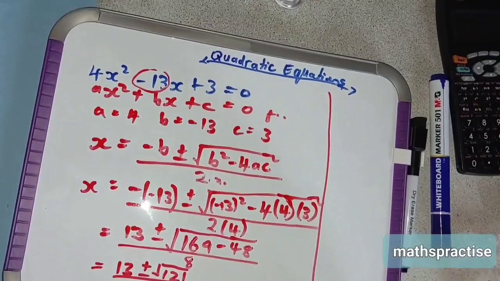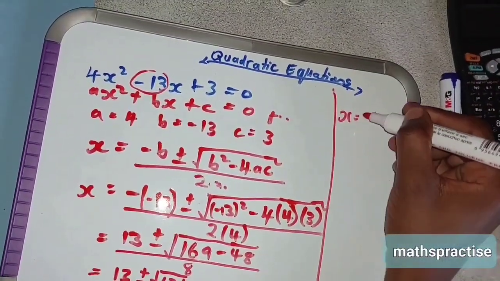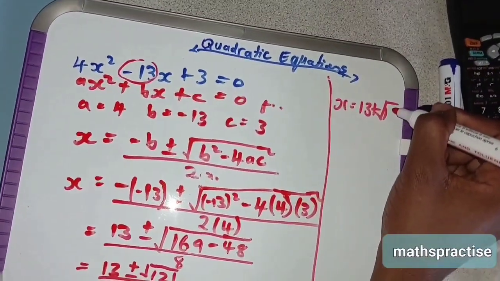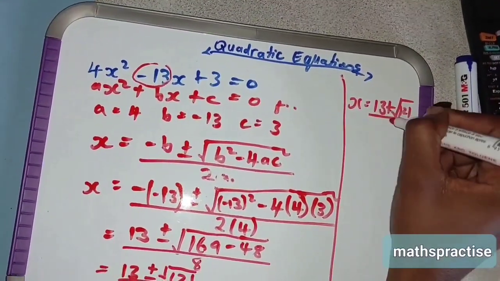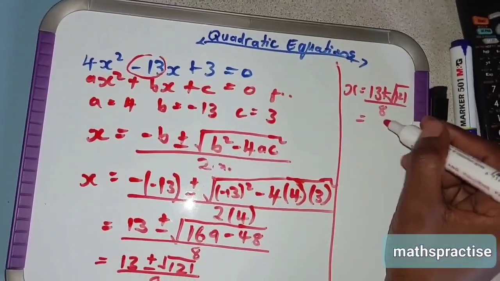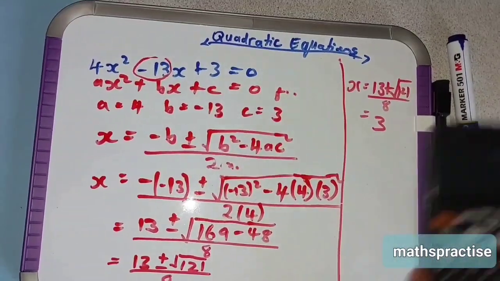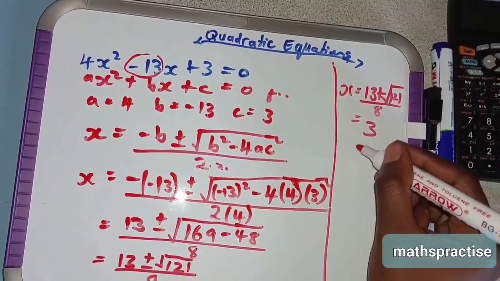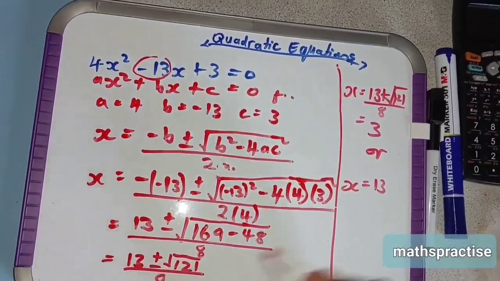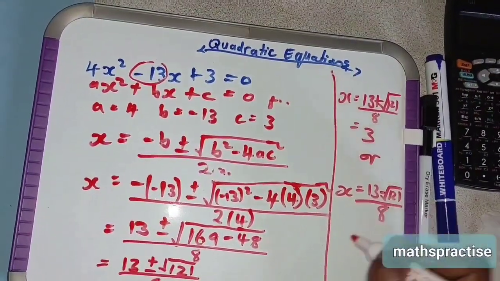Now to find the two answers, either x is equal to 13 plus the square root of 121 over 8, which is equal to, if you punch it on the calculator, we get 3, right? Or x is equal to 13, plus or minus, so it's minus the square root of 121 over 8.